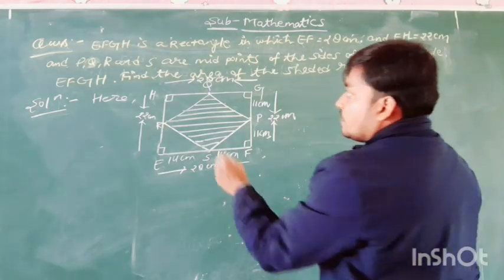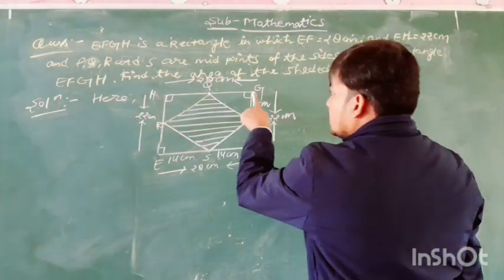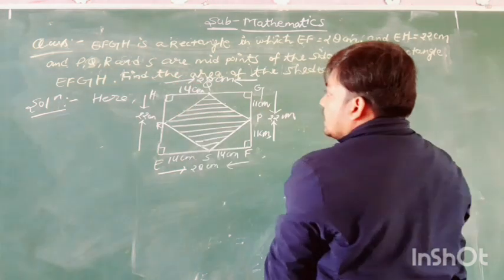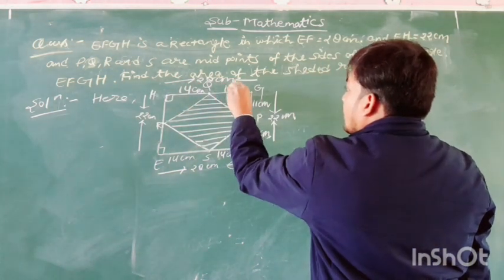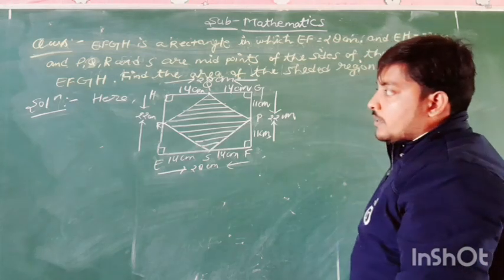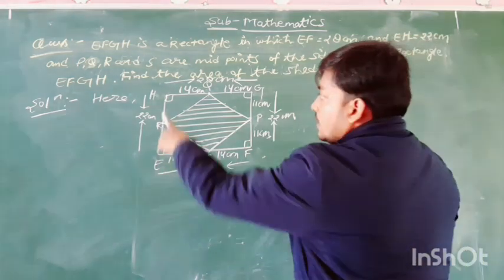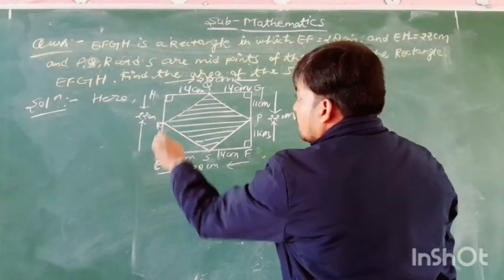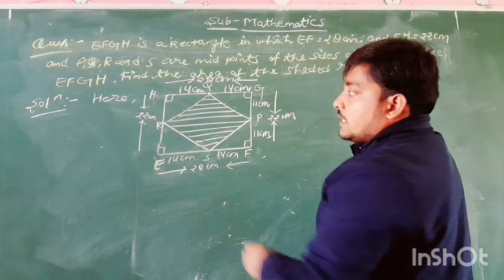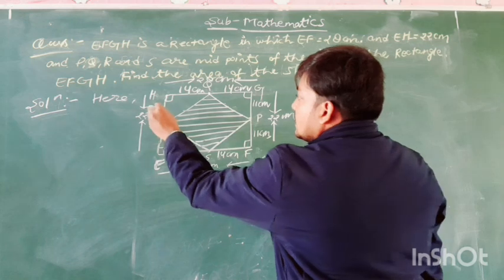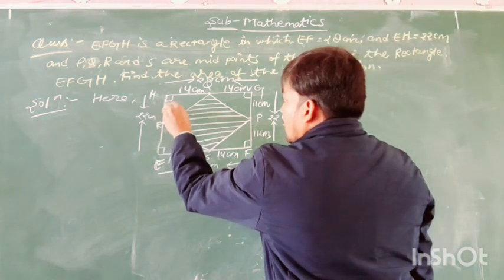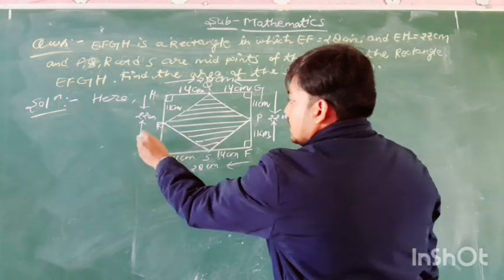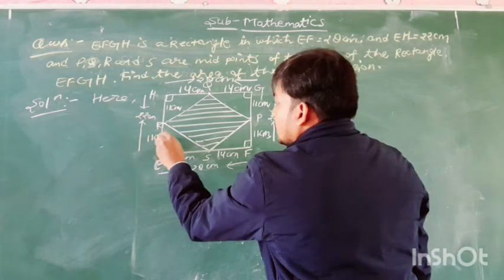So measure of HQ and QG will be 14 centimeter each. Here R is also the midpoint of HE. In this case, the measure of HR is 11 centimeter and the measure of RE is also 11 centimeter.